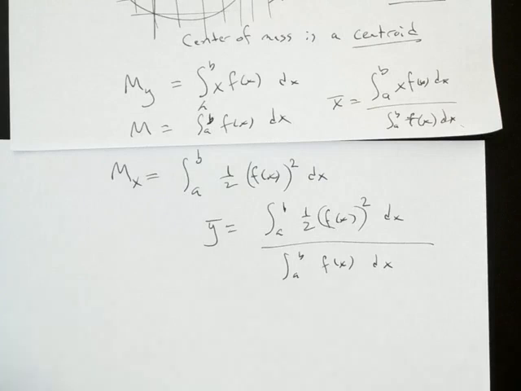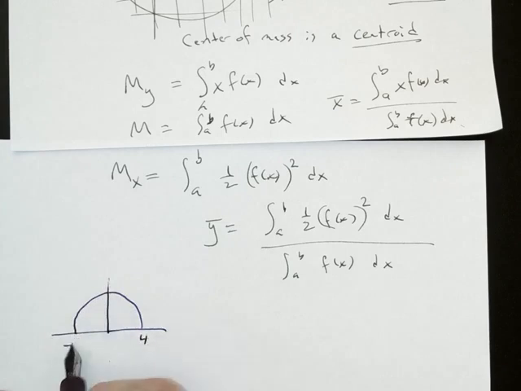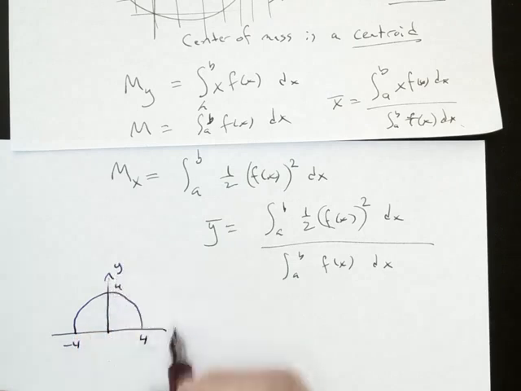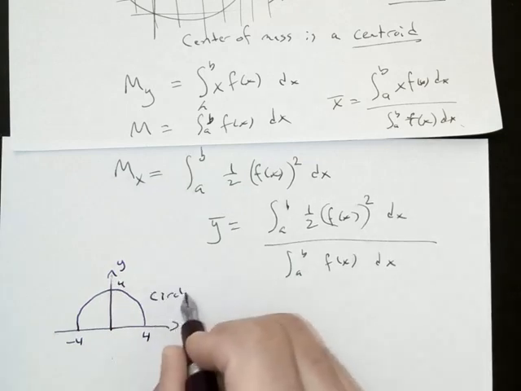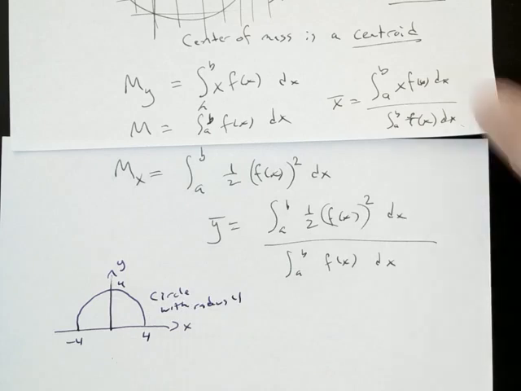I'll give you a shape. Here's a circle of radius 4. And I'm just looking at the upper half of this circle.